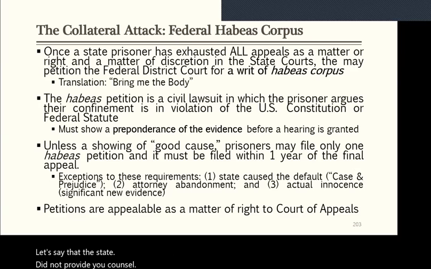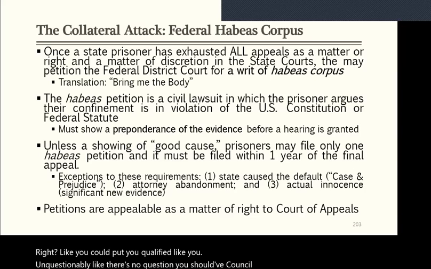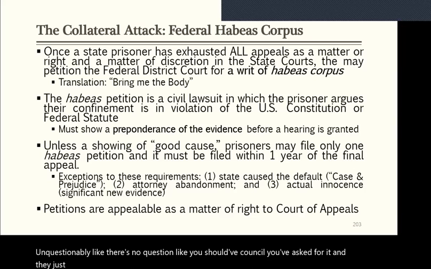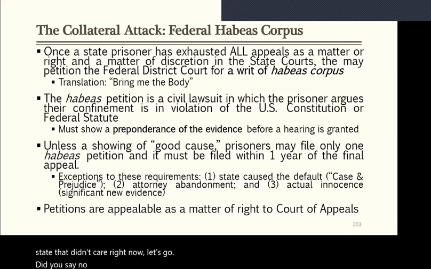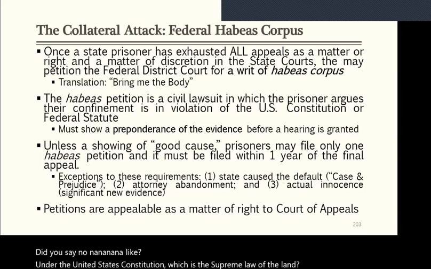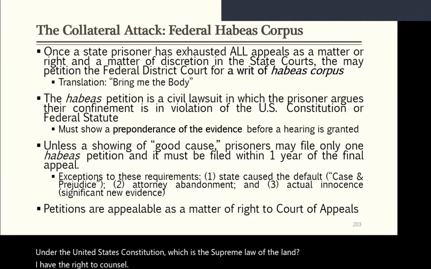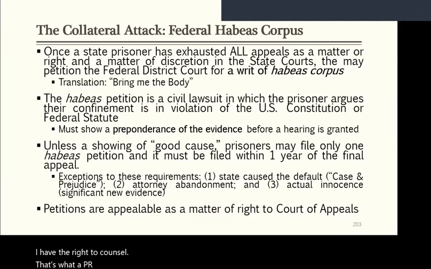You unquestionably qualified, there's no question you should have had counsel, you've asked for it, and they just refused. And for whatever reason, the appellate court and the Supreme Court of the state didn't care. They're like, no, let's go. Then you say, no. Under the United States Constitution, which is the supreme law of the land, I have the right to counsel. That's what an appeal or a habeas petition brings up, right?